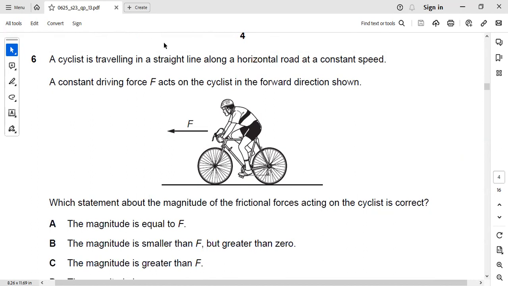A cyclist is traveling in a straight line along a horizontal road at a constant speed. A constant driving force F acts on the cyclist in the forward direction. Which statement about the magnitude of the frictional forces acting on the cyclist is correct?